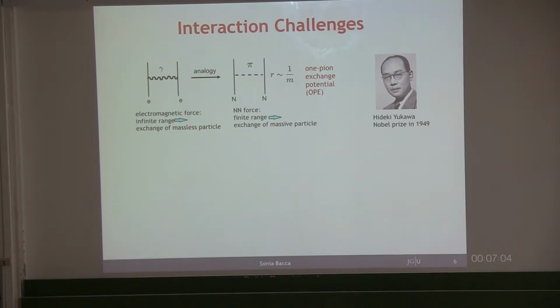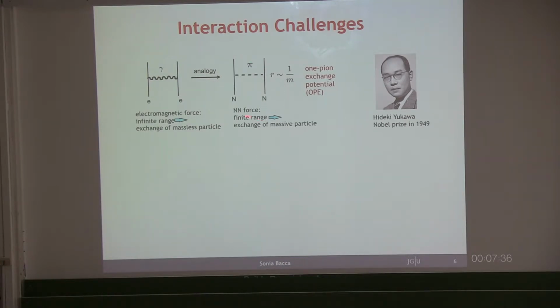You can build an analogy and try to explain the nuclear force, the force between two nucleons, which is short range, via the exchange of a massive particle this time, with the mass of the particle being inversely proportional to the range of the force. That is what Yukawa did, and knowing the range of the force, he was able to predict the mass of the particle to be exchanged, which is roughly 140 MeV, which was later discovered to be the pion.